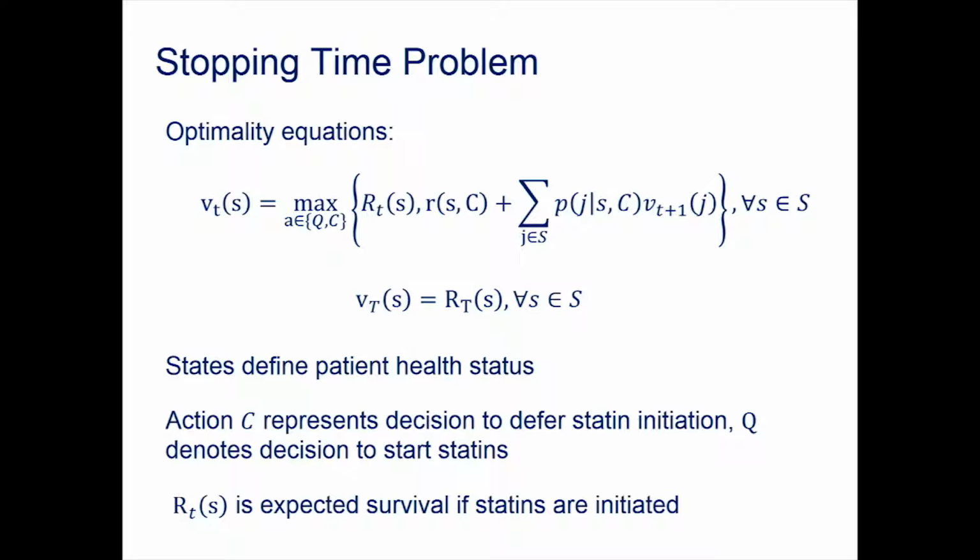It could be the year of life that you just experienced without having a heart attack or stroke, but then there's a future reward to go. So a probabilistic transition, and then at the next period you're faced with that same decision. Do you want to start statins or not?